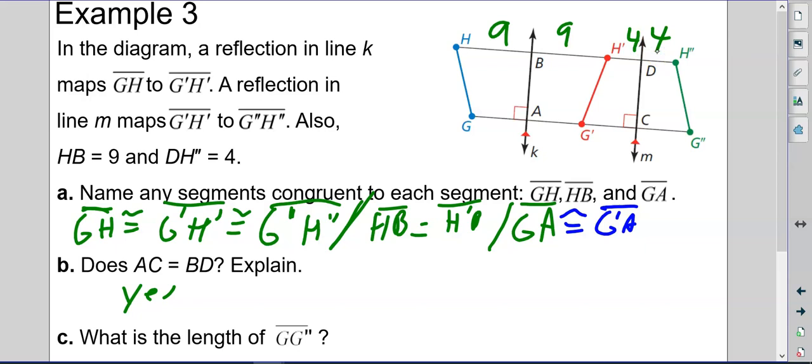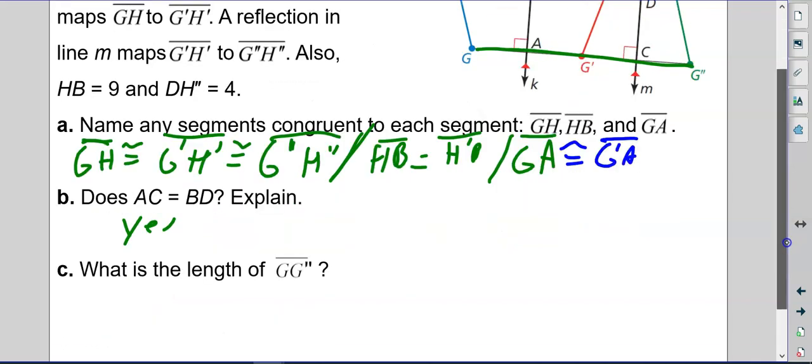So if you add that together, 9 and 9 is 18, plus 4, 22, plus 4, 26. The length of this line is 26. Well, by the reflection in parallel lines theorem, that means this piece is going to be the same length as this piece, so it would also be 26.